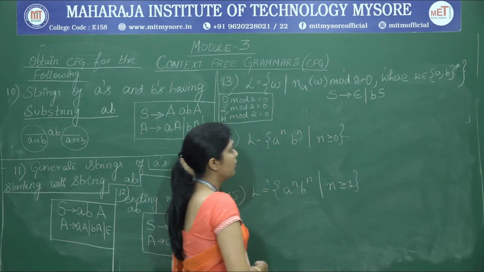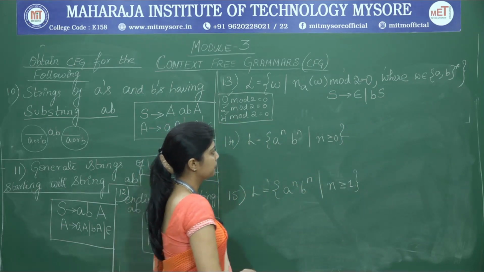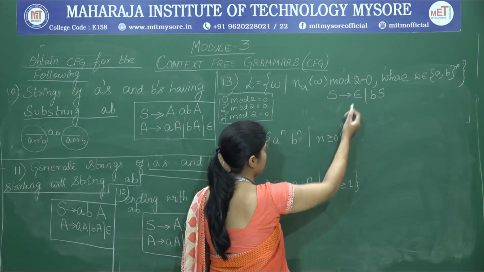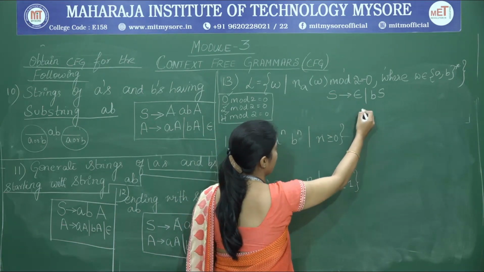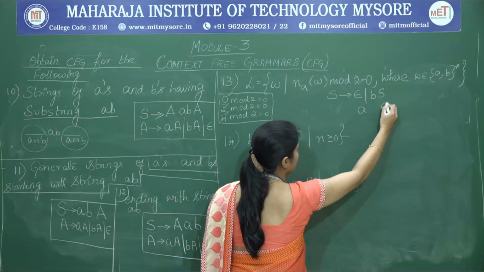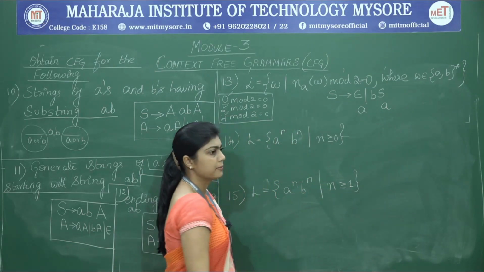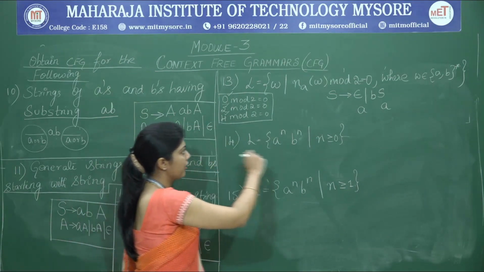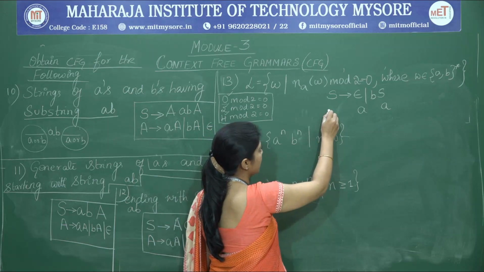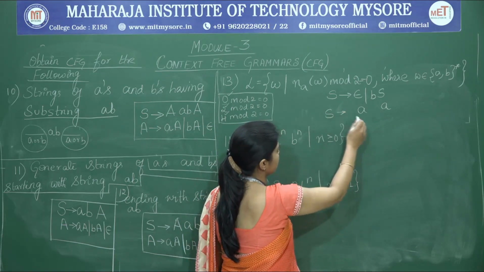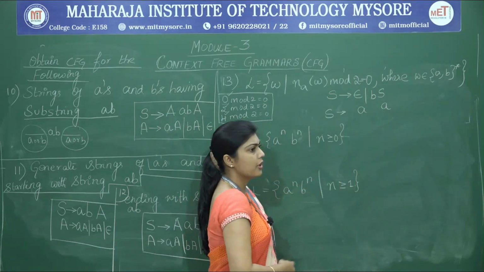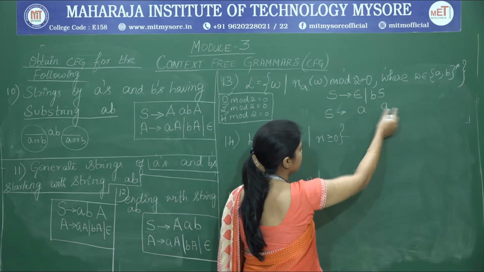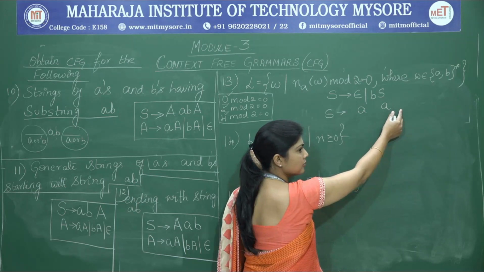So what about the next thing that we are going to define? Once we have finished with 0 number of A's, we should have 2 A's. That is the second smallest number of A's that we have to generate. So what is this actually? S goes to A and A. We also may have any number of B's in between these A's.